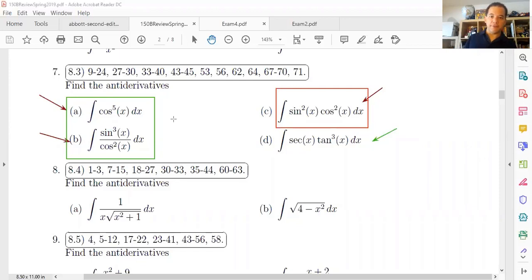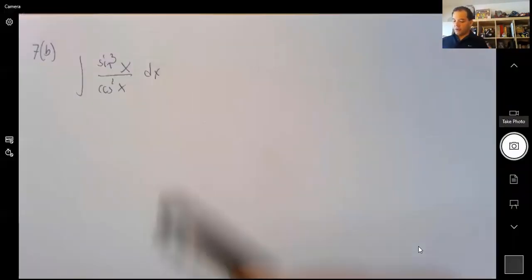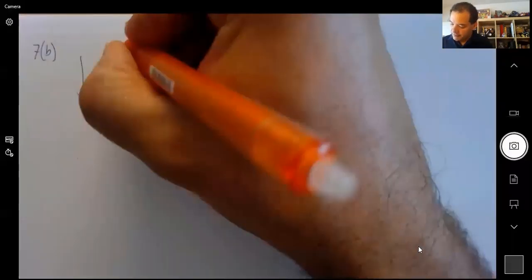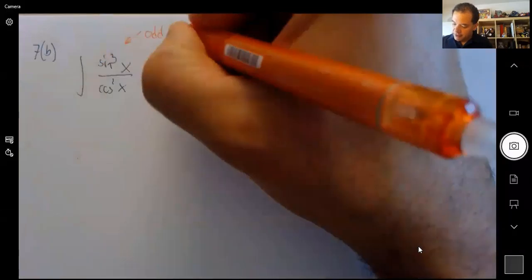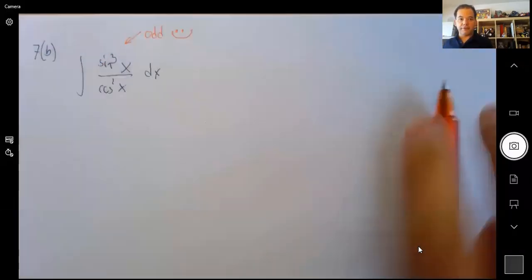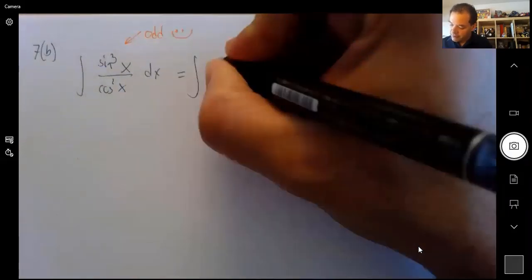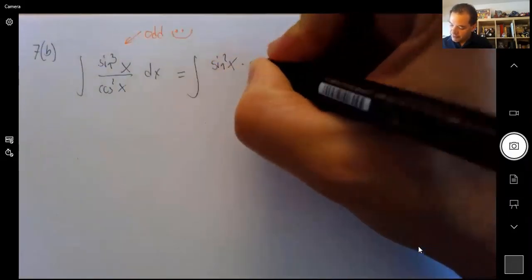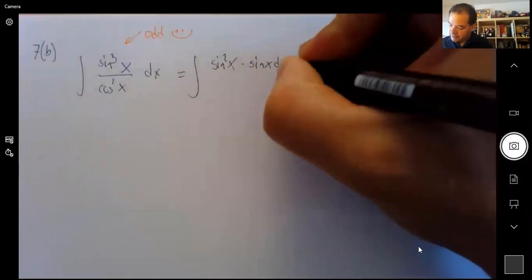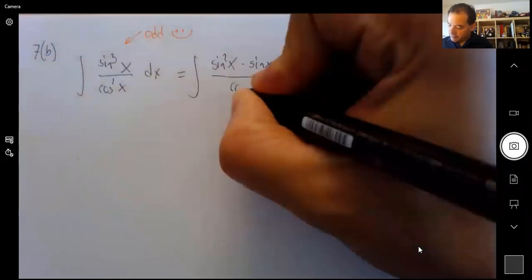Let's turn to the page. Okay, so because this one is odd, and odd means we are happy because it will be easy. The thing you want to do is extract one of them. So write sine squared x times sine x dx divided by cosine squared x.